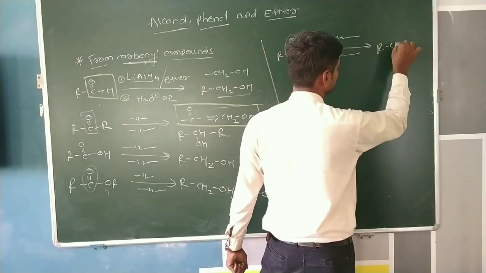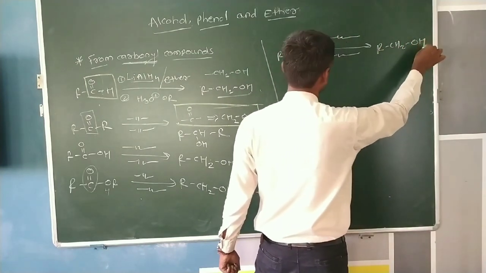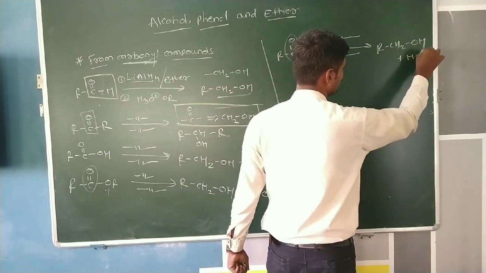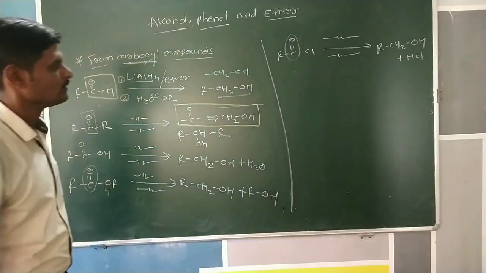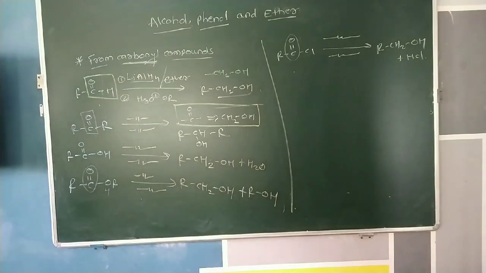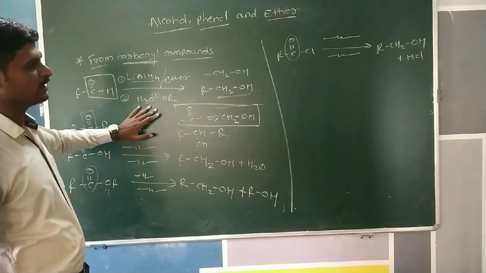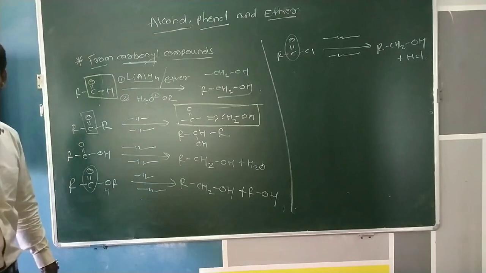That means CH2OH, that is alcohol, is formed, and one hydrogen also combines with Cl minus. There is a formation of HCl. Okay, these are some derivatives of carbonyl compounds, and they undergo reduction reaction by using lithium aluminum hydride followed by acid hydrolysis, and then are converted into alcohol.